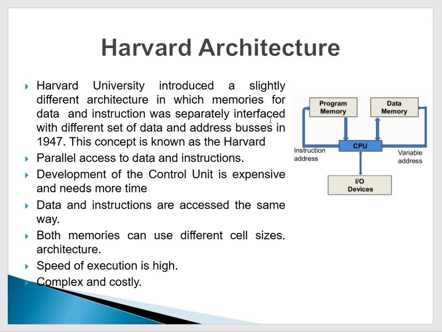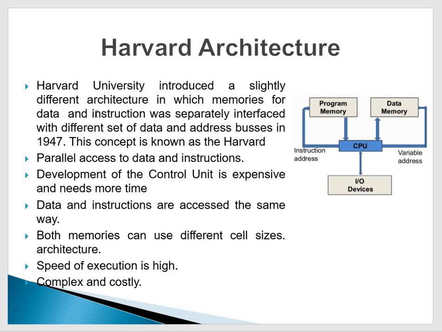So the instruction memory, or program memory or code memory, and the data memory were separately interfaced with different sets of data and address buses, and this concept was introduced in 1947.